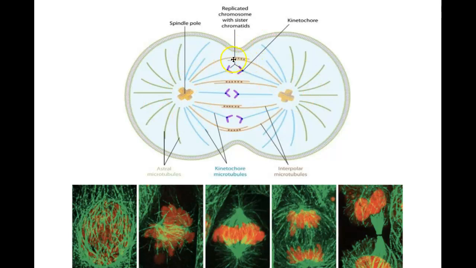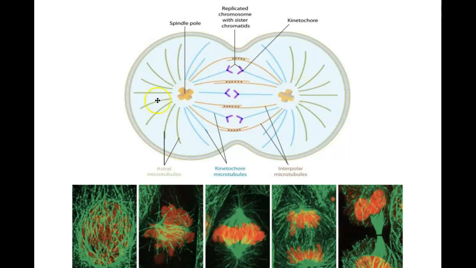But here we also, you'll notice in tan, have these other microtubules extending from the centrosomes. These are called polar microtubules, and they're actually elongating the cell. It should make sense to you that elongating the cell, stretching it out by pushing these microtubules apart, makes for a safer division between the DNA that will be transferred over here and the DNA that will be shuffled over here.